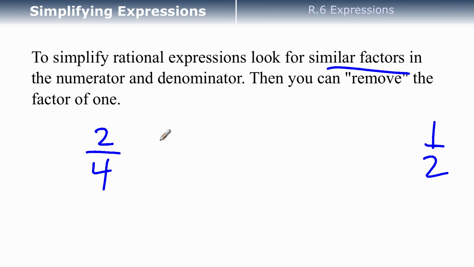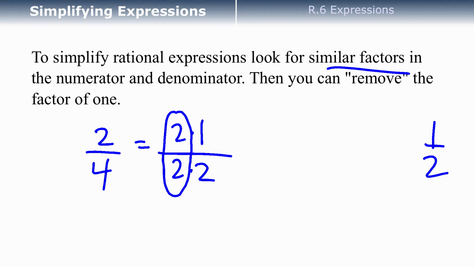Well, I can simplify it doing this. 2 is the same thing as 2 times 1, and 4 is the same thing as 2 times 2. So here I've got a factor of 1, because 2 divided by 2 is equal to 1, right? So it's really 1 times 1/2, and anything multiplied by 1 is just equal to whatever this is, or 1/2. That's the kind of thing that we're wanting to do.